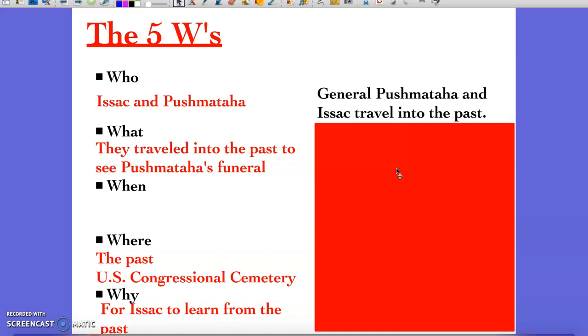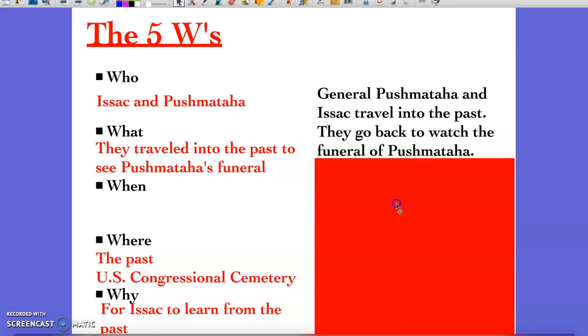So right there, I've talked about the who, I've talked about the fact that they're traveling into the past, so the where, and even a little bit of the what. The next sentence I would write then would be, they go back to watch the funeral of Pushmataha. So again, I'm wrapping the what into it. So now I have the who, the what, and the where. The next thing I need to include is the why, okay?